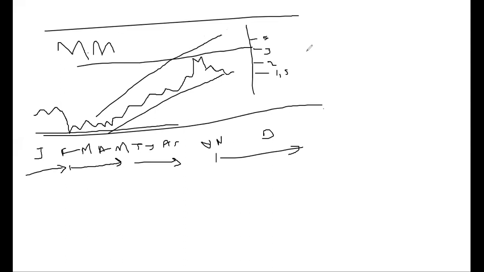So within price action, we have 4 types of market conditions. Number 1, we have what we call the uptrend. Number 2, we have what we call the downtrend.